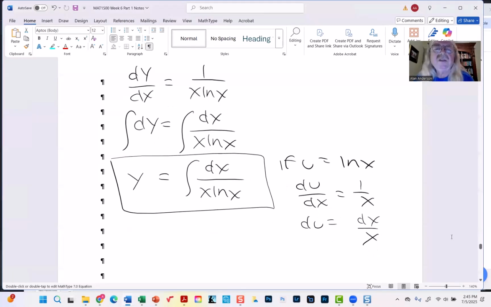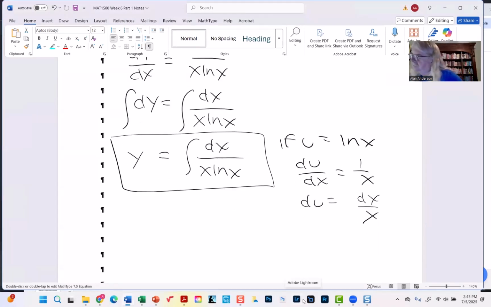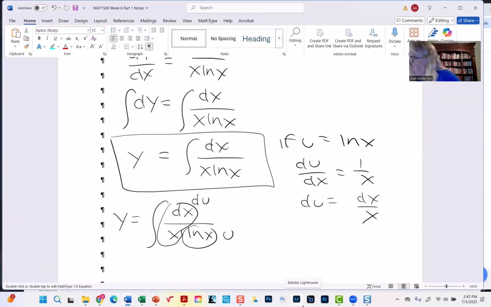Okay, now if you look at this thing carefully, this ratio is du, and this is u.